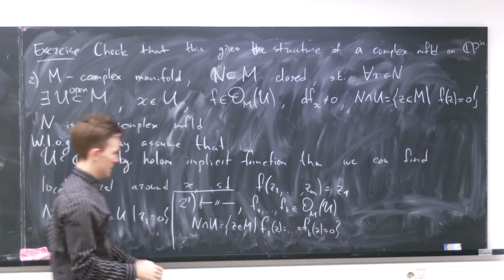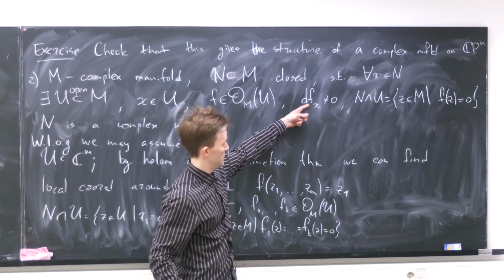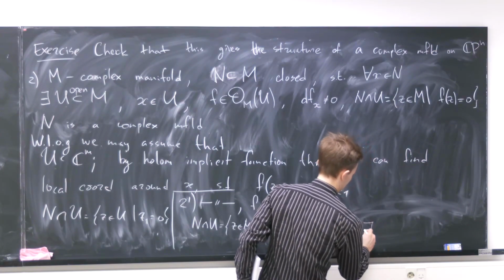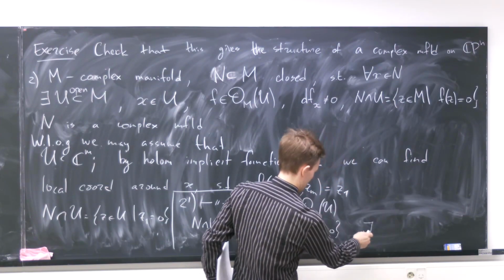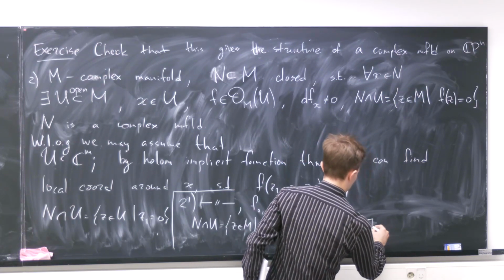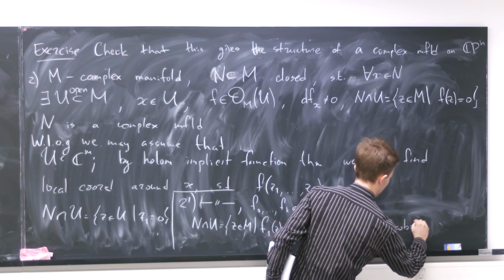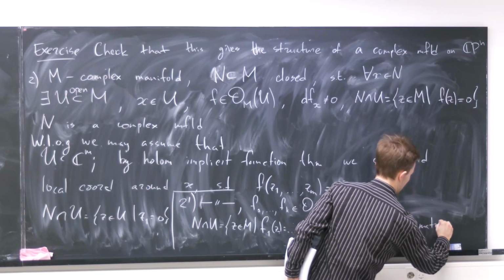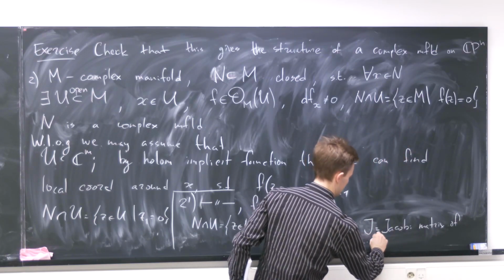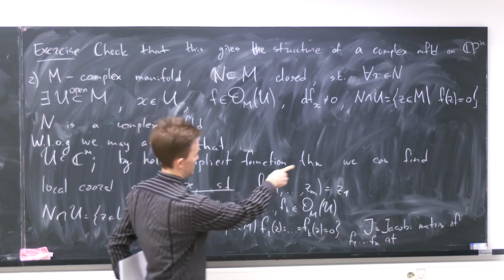So they all vanish. And then what we should ask is that the Jacobi matrix, so instead of the differential, we consider this Jacobi matrix of this collection of functions f1 and so on, fk at this point x.